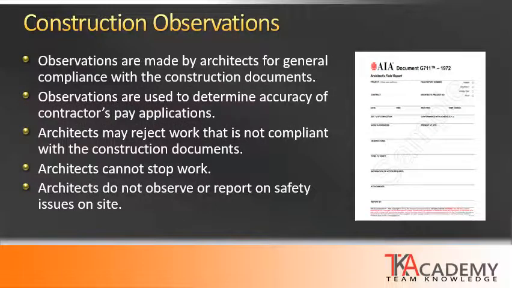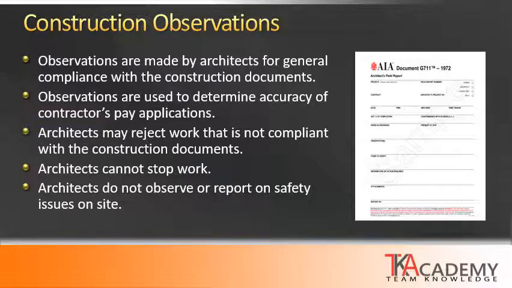The general conditions of a contract, and sometimes even by state statutes for licensed professionals in architecture and engineering, require architects to perform construction observations for general compliance with the construction documents. Observations are also used when assessing the accuracy of the contractor's pay applications.